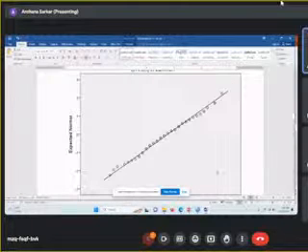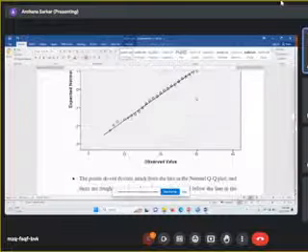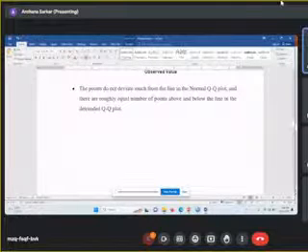But here the majority of the data are in one line, except one or two. The points do not deviate much from the line in the normal QQ plot, and there are roughly equal numbers of points above and below the line in the detrended QQ plot.